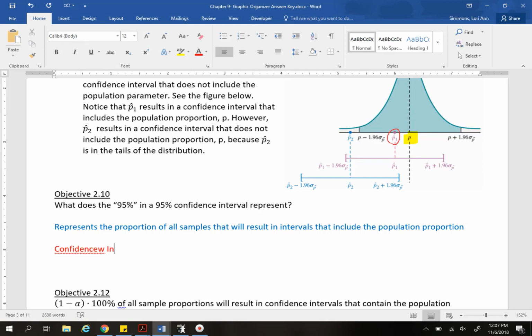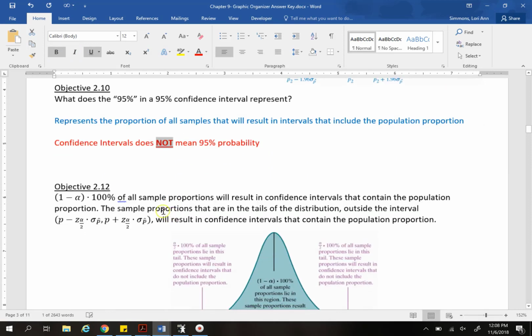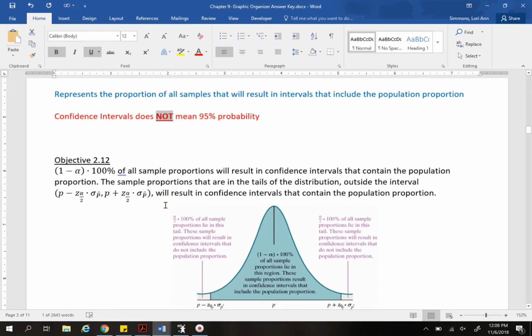Confidence intervals do not mean 95% probability. We'll get into that a little bit later as well.